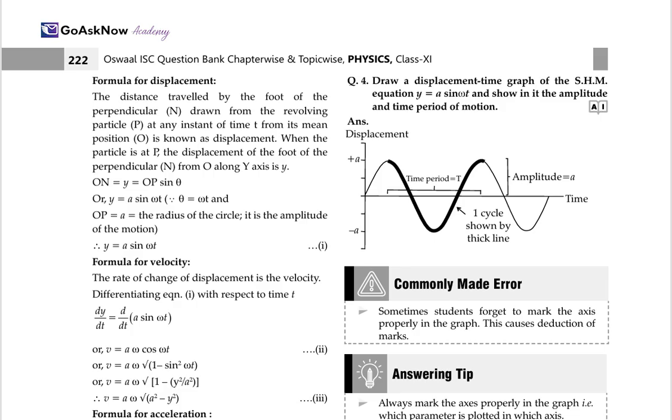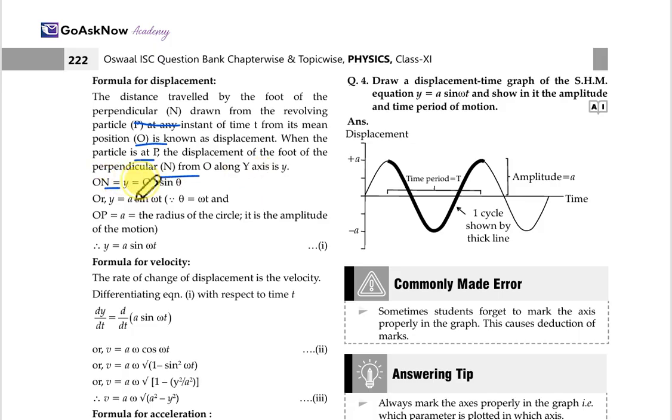So, the formula for the displacement: the distance traveled by the foot of the perpendicular N, drawn from the revolving particle P at that instant, from its mean position O is known as the displacement. When the particle is at P, the displacement of the foot of the perpendicular N along the y-axis is y.